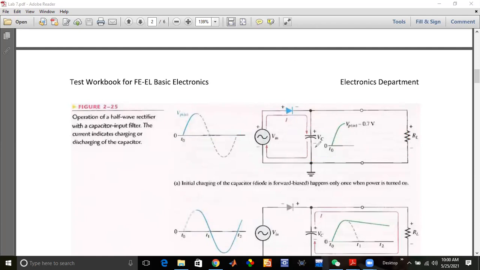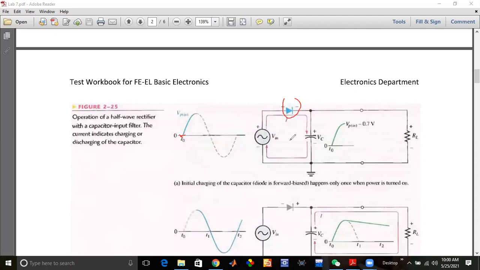So how does this work? When the diode is forward biased, it means here. So consider the first positive cycle. In the positive cycle, the capacitor is initially uncharged.